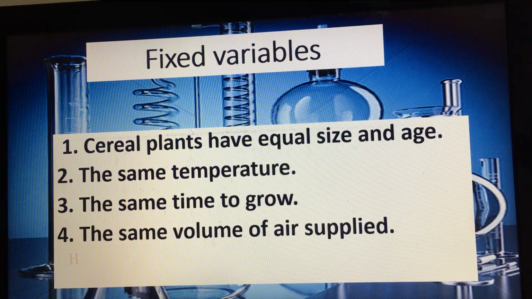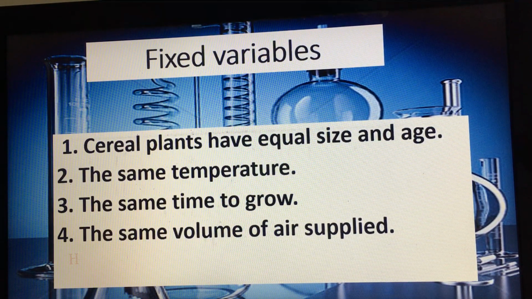Fixed variables: actually, we have more than one fixed variable here. The first is the cereal plants. We said that we have to bring cereal plants, but they should have equal size and age. What about the temperature of the solution and the temperature of the surroundings? The temperature should be the same for the 3 beakers.